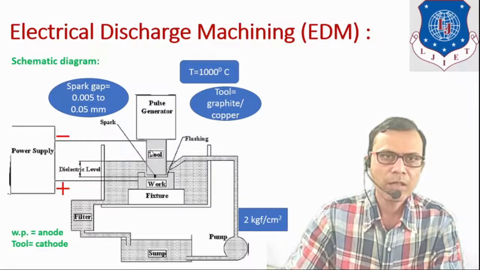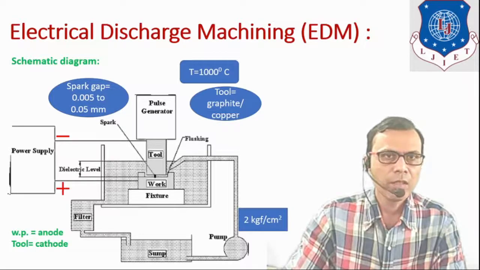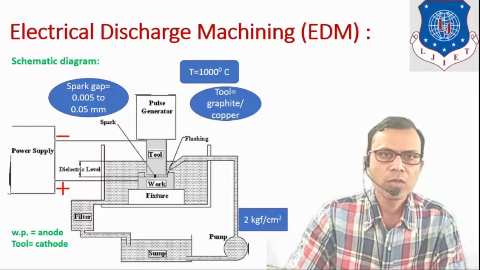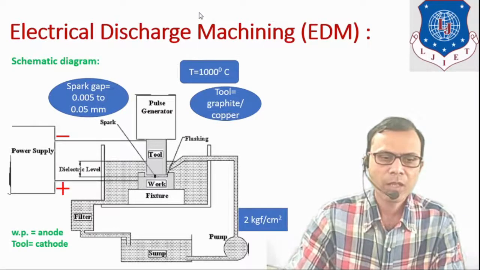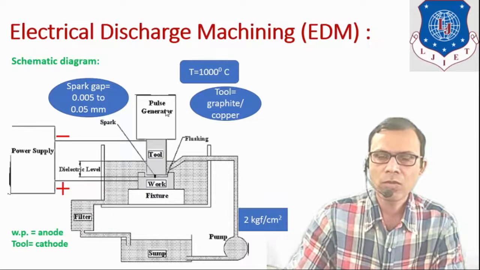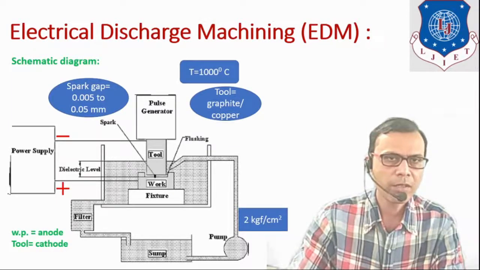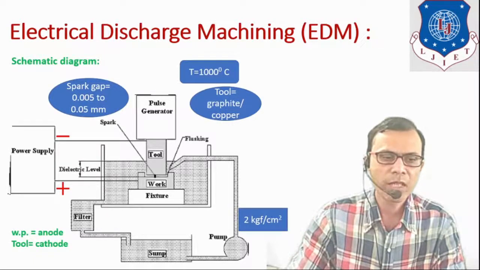When the spark occurs, it results in high temperature in the order of 1000 degrees Celsius, which is sufficient to melt and remove the material from the workpiece. A servo mechanism or servo motor is used to provide the feed movement to the cutting tool. So this is the basic procedure and setup of the electrical discharge machining process.